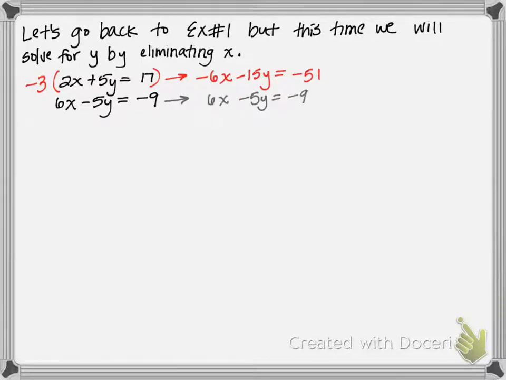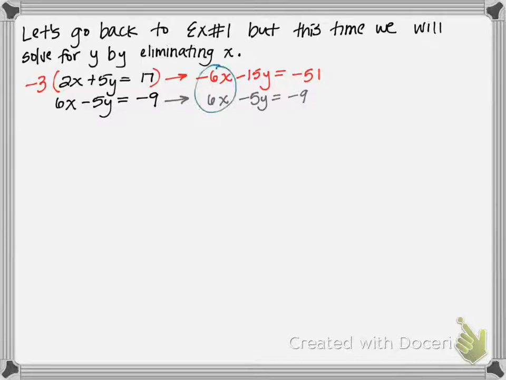Because if I multiply 2x by negative 3, I get negative 6x, and that's what I wanted. I wanted them to be the same number, different signs. But of course, if I have to do it to the first one, I have to do it to everything in that equation. So negative 3 times 5y is negative 15y. And negative 3 times 17 is negative 51.